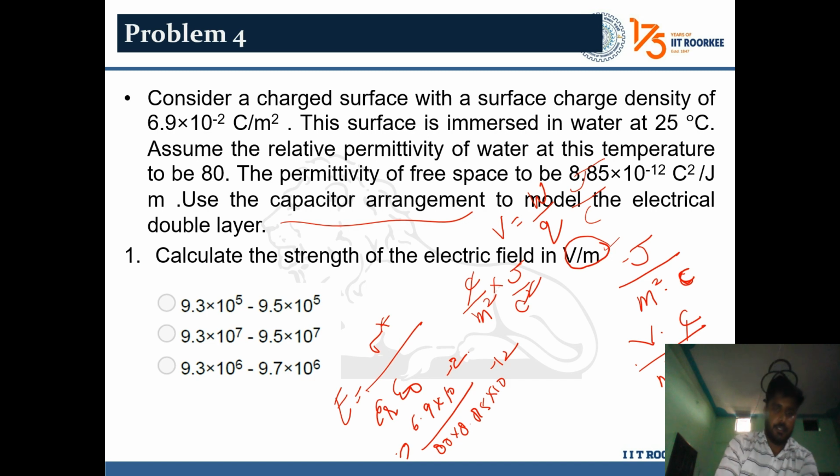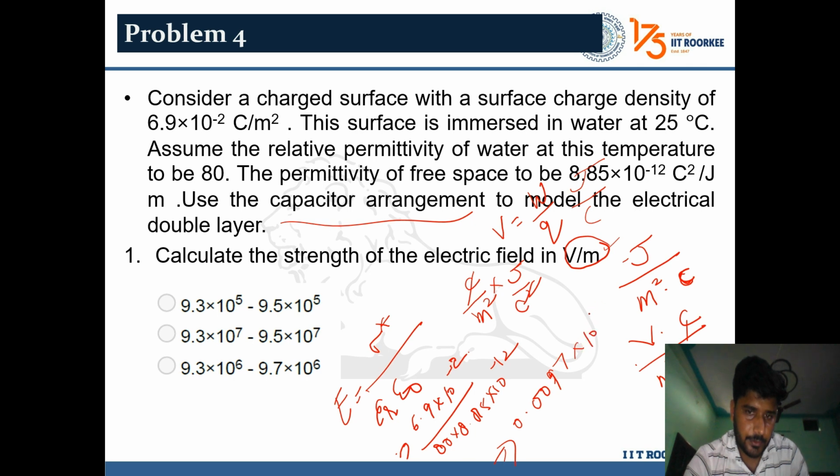Let me calculate this. I think it should be volt per meter square, I'll check it. 6.9 divided by 80 and divide by 8.85, you are getting 0.0097, and 10 raised to 9.7, that is 10 raised to 7.